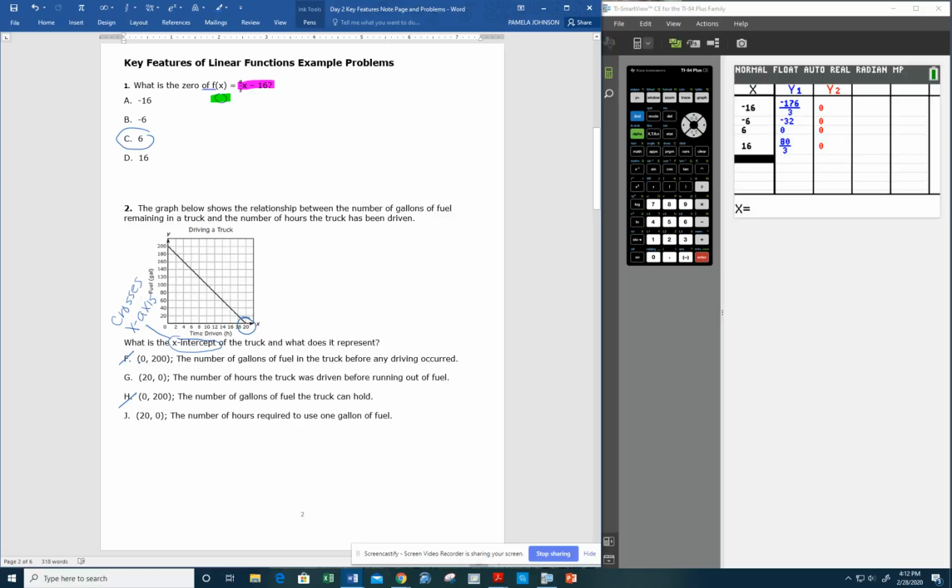And if we look at the explanations, the x-axis is our time. So we need something that talks about it being 20 hours. Okay. And when we're down here at the x-axis, that means we've completely run out of fuel. We have 0 fuel at all.